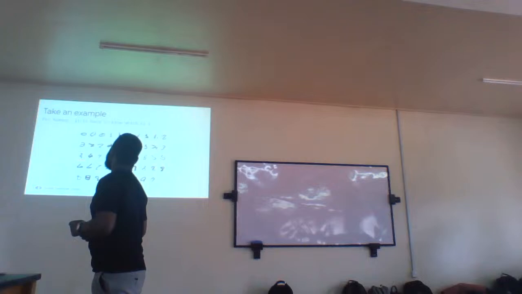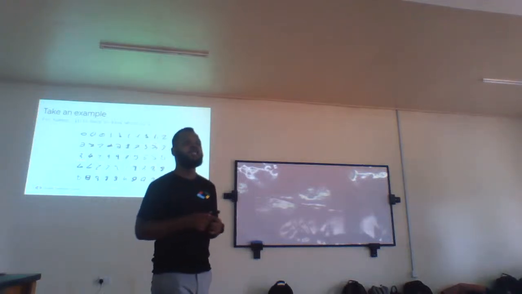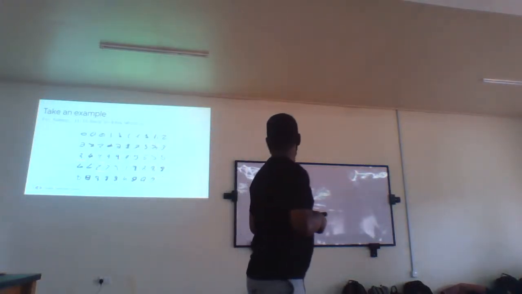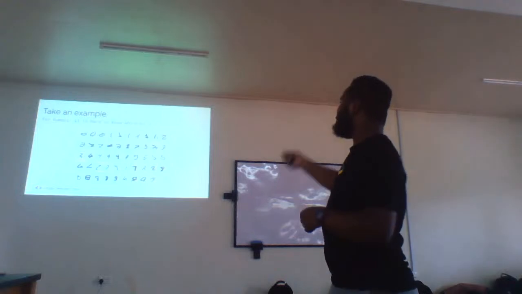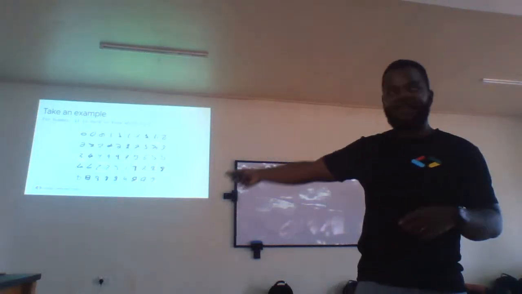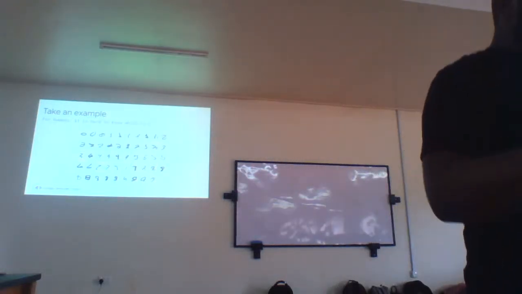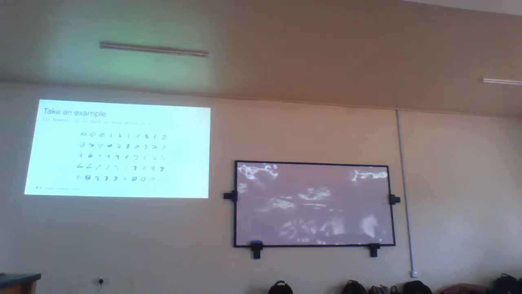For instance, it is very hard for humans to know, if I showed you these, what is a two out of those different handwritings. If I told everyone here to write a two, you would each write it differently. And if I asked one person to identify what you have written, someone would say, no, this is not a two.